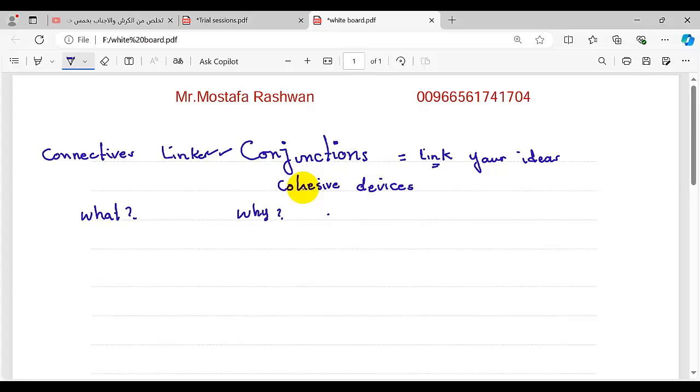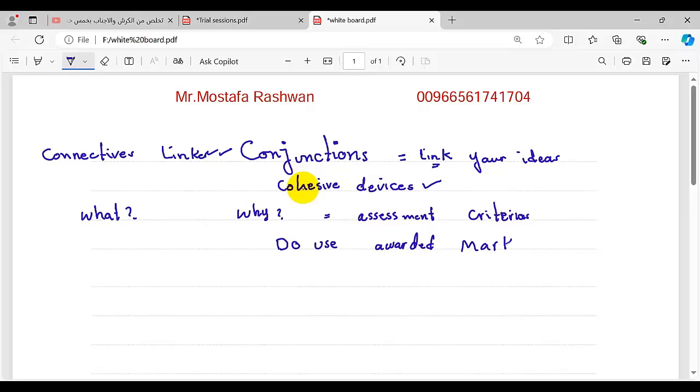It is one of the assessment criteria in the Cambridge mark scheme: using cohesive devices. If you do use conjunctions, you will be awarded marks.